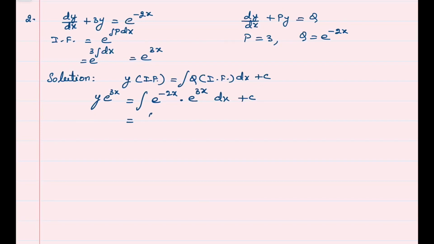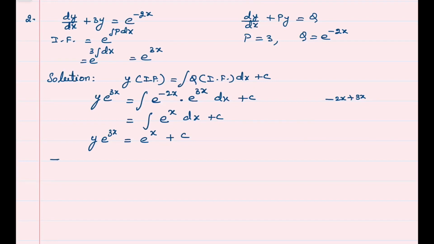We will simplify these two. E raised to, it becomes minus 2x plus 3x, which is x. Integral of e raised to x is e raised to x plus c.